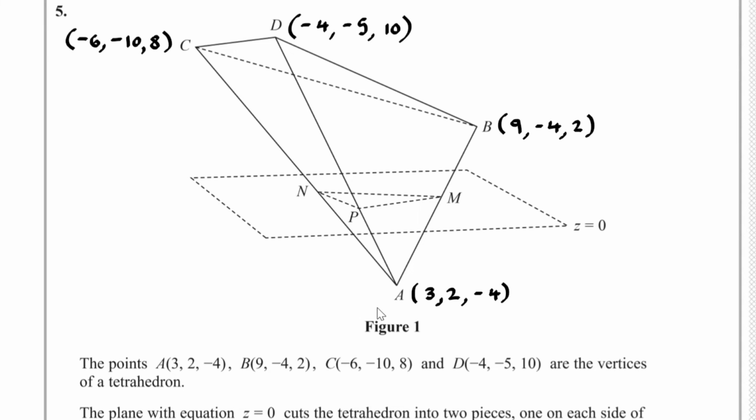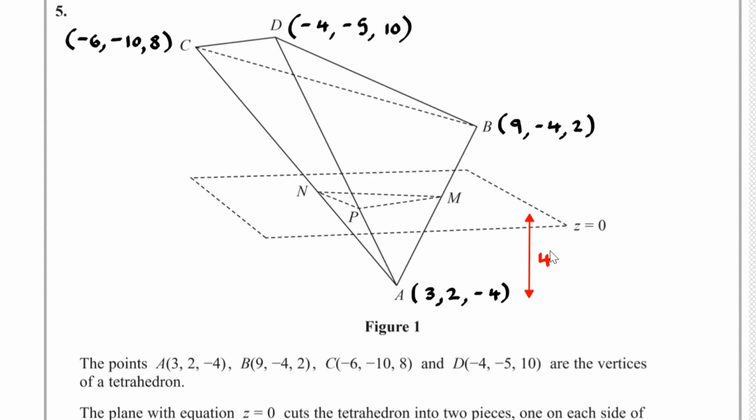Now, what is that certain fraction? Well, from A to this plane, from minus 4 to 0, I add on 4. Now, if we think about the z coordinates, from minus 4 to 2, I add on 6.